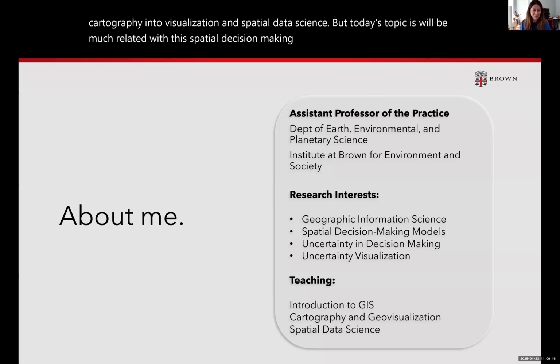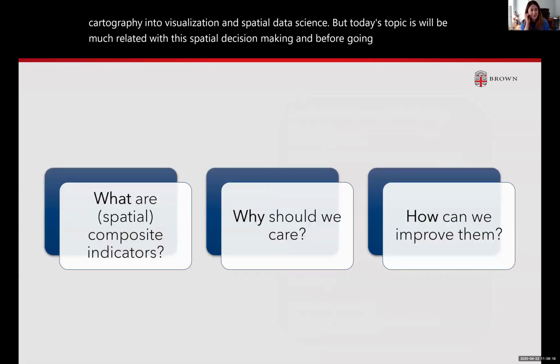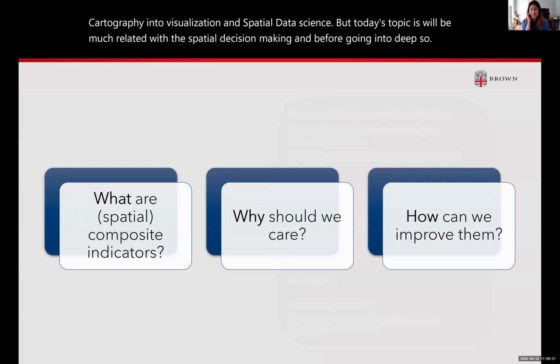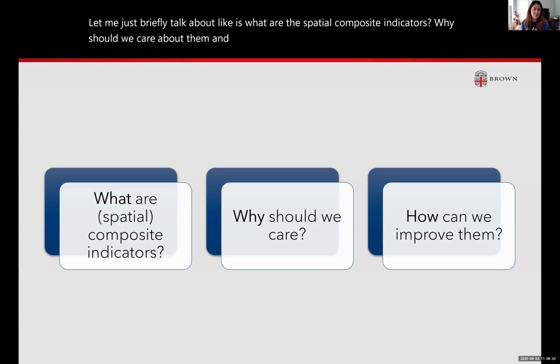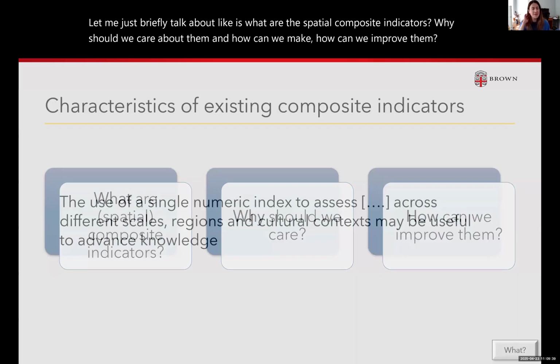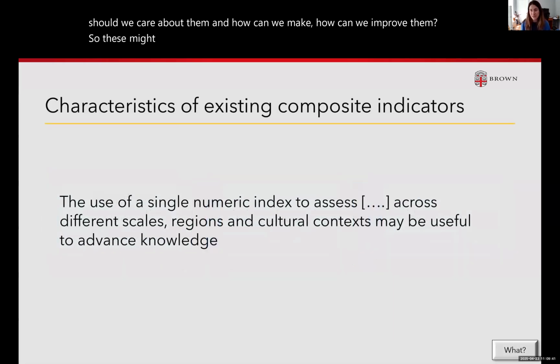Before going deep, let me briefly talk about what spatial composite indicators are, why we should care about them, and how we can improve them. These might be a new concept for some of you.